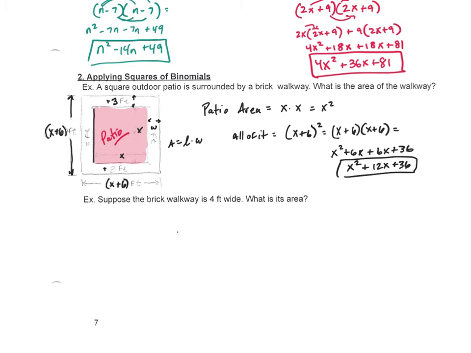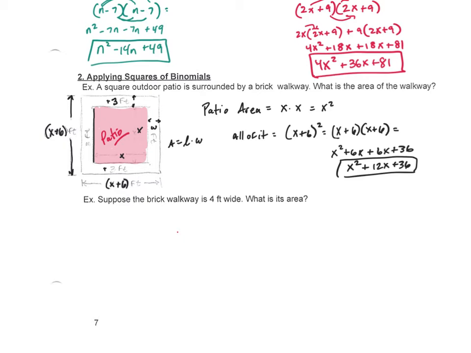If we want to know the walkway, we can take the entire area of the outdoor area and subtract the patio from it, and that will tell us what was left in the walkway.